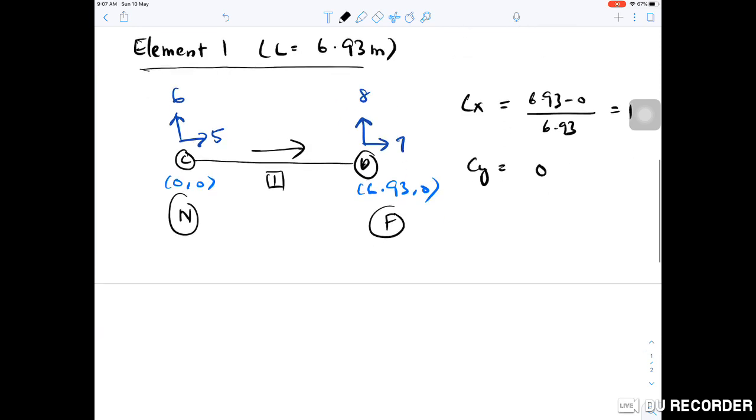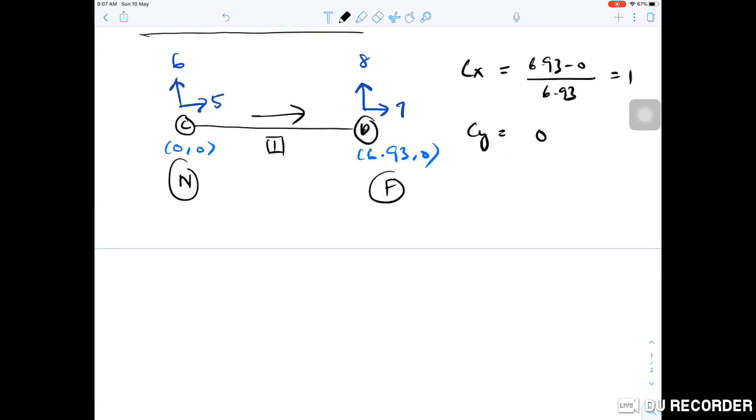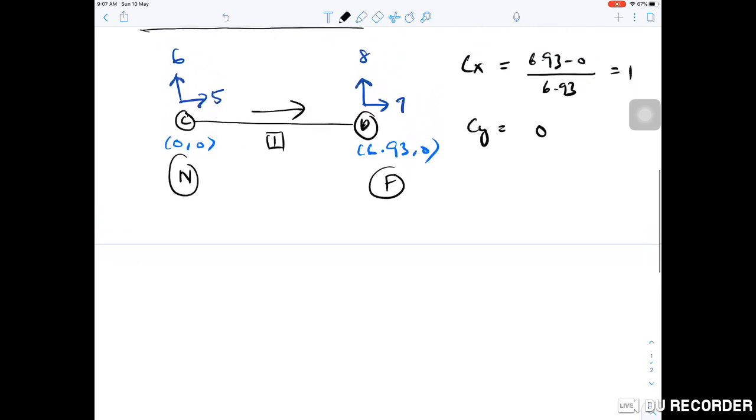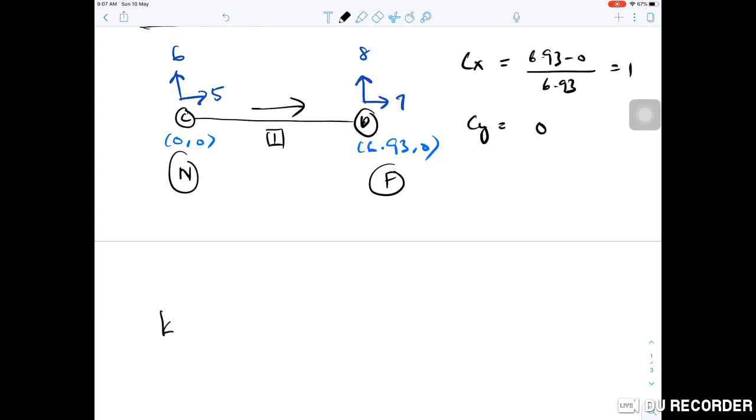Okay, so now I can get the element stiffness matrix. For K1, it is AE over L, with Cx square. Cx square means 1 square divided by L, which is 6.93, so it is 0.144.